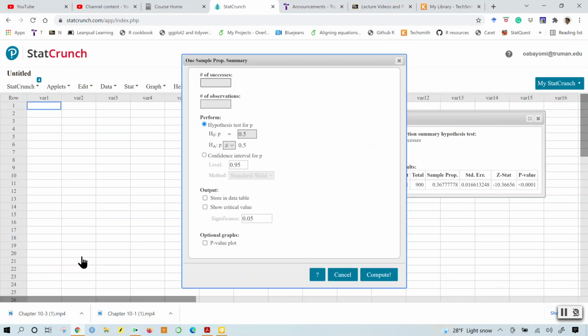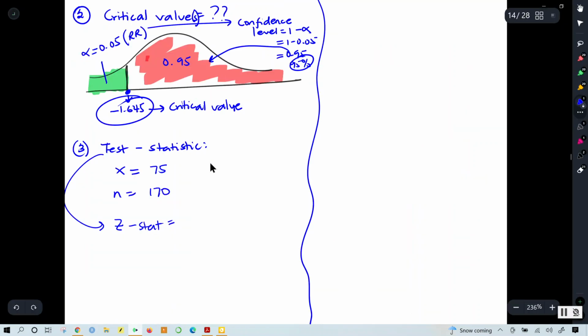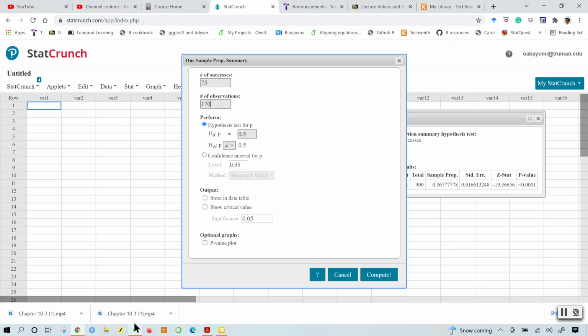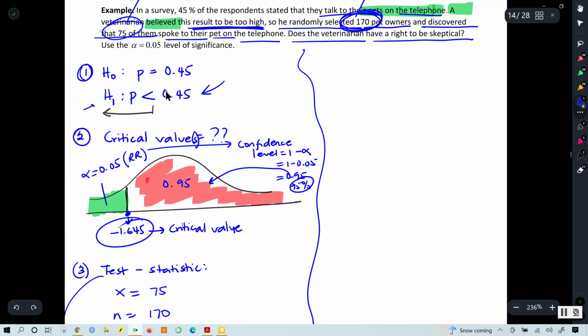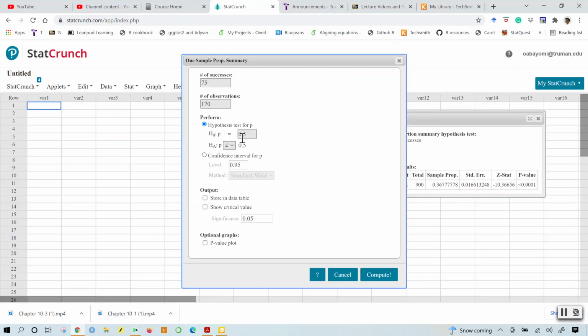So I will have 75 out of 170 based on the results I have. And then I want to perform a hypothesis test to ensure that this is selected. What is the hypothesized proportion in the question? I'll go to my null and alternative hypothesis, 0.45. So I'll adjust this to 0.45, and this should update automatically.